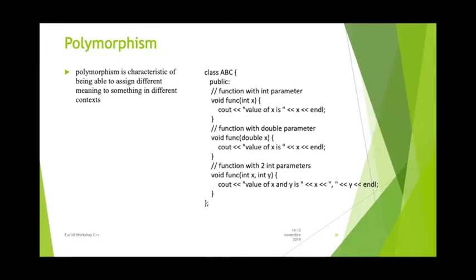Polymorphism. Polymorphism works in different contexts, but with the same meaning, you can say. It's just a parameter difference in the function. Yes, again, it works like function overloading. You can say it's a kind of same, but it is not the same. In terms of classes, we are using polymorphism.